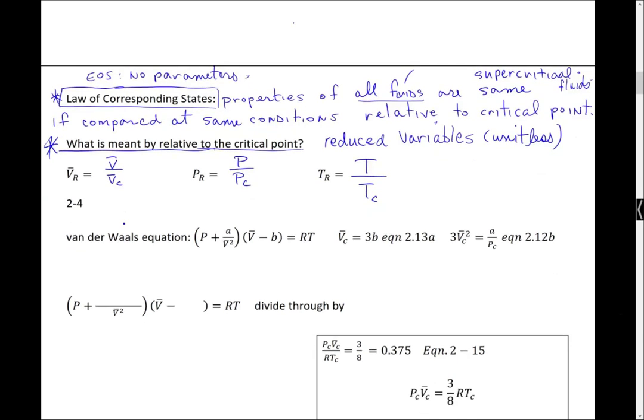In section 2.4, what we want to do is show that the equations of state that we've introduced follow the law of corresponding states. So van der Waals equation, and I forgot which one we were going to talk about. RK.